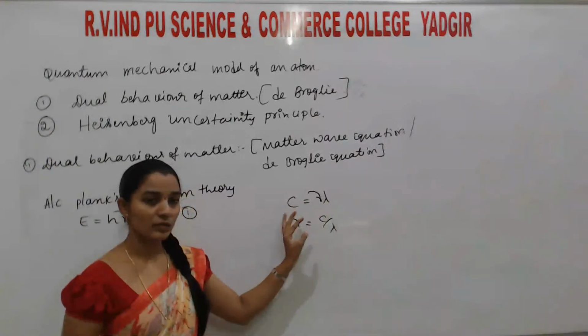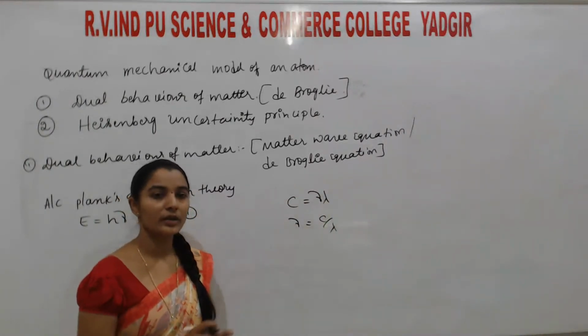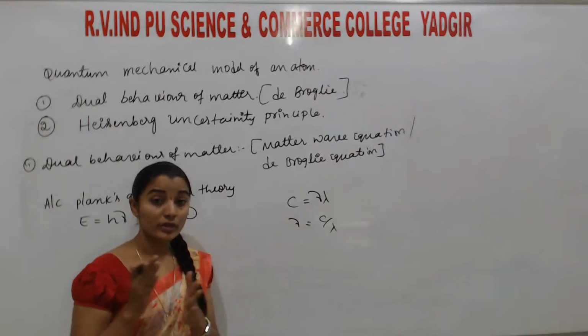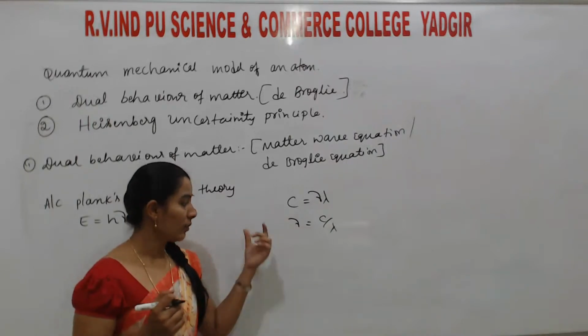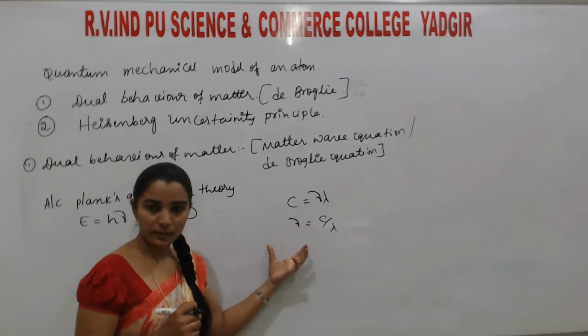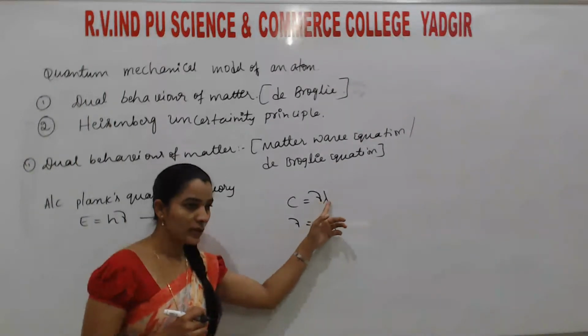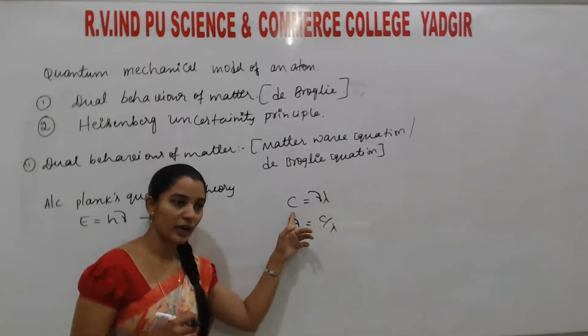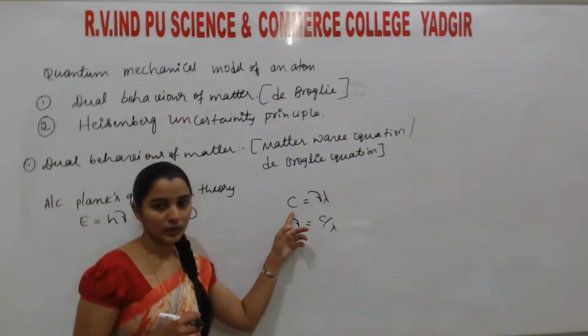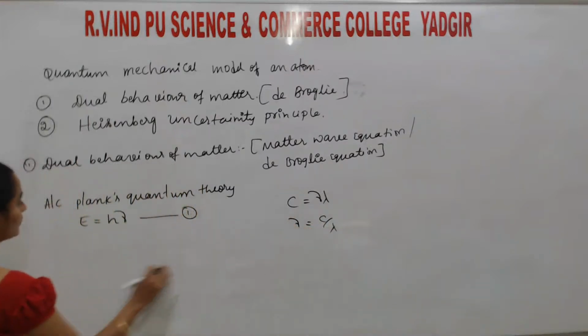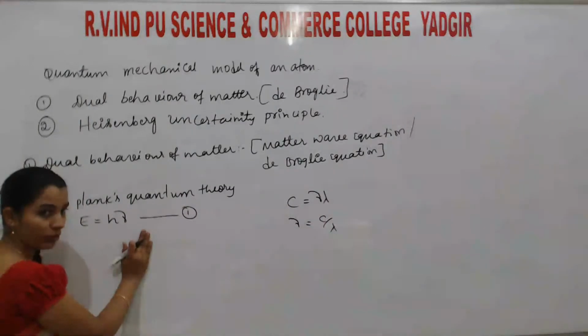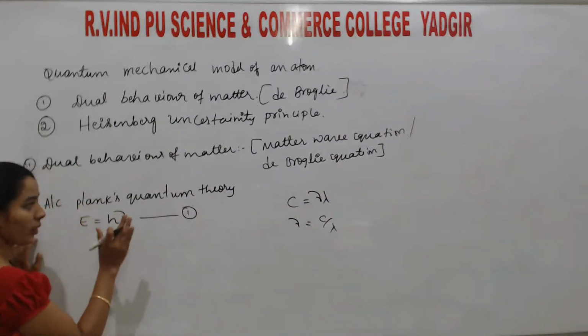This is the conversion. Initially, before explaining Planck's quantum theory and the wave nature of matter, I explained this: this is frequency, this is wavelength, this is speed of light. Understood? Next, E is equal to h nu, that is according to Planck's quantum theory.